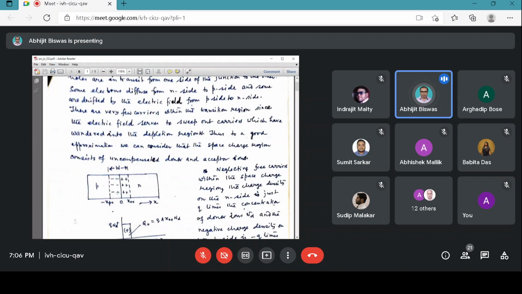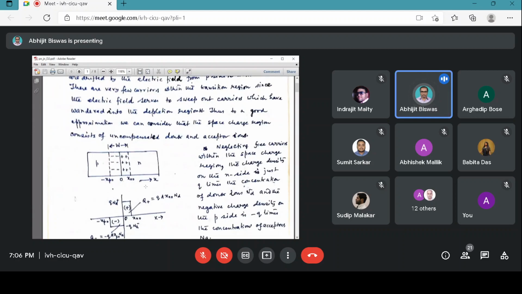Here you see there is a variation in potential within the depletion region. Therefore, an electric field exists here. So no free charge carrier can reside within this depletion region due to the presence of the electric field. The electric field serves to sweep out carriers which have wandered into the depletion region W.